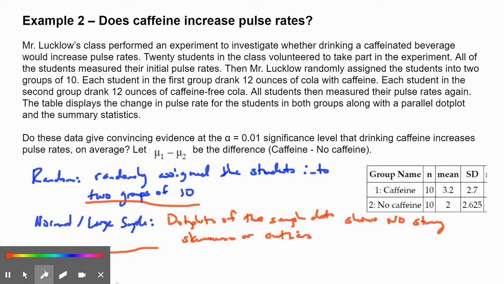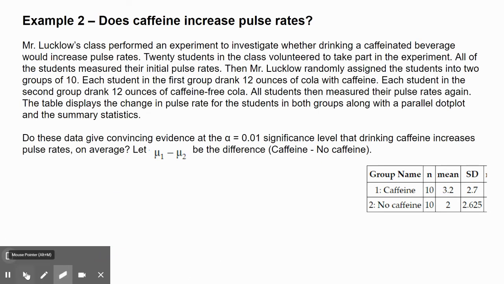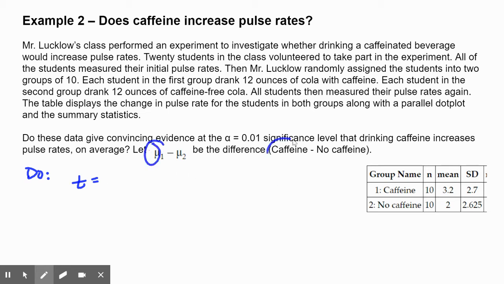All right, so here's what we're going to do. We're going to find our test statistic. To find T, we need mu1 minus mu2. So mu1 is your caffeine, ones and twos. So we need X bar one. I'm sorry, these are your X bars. This is your SXs.